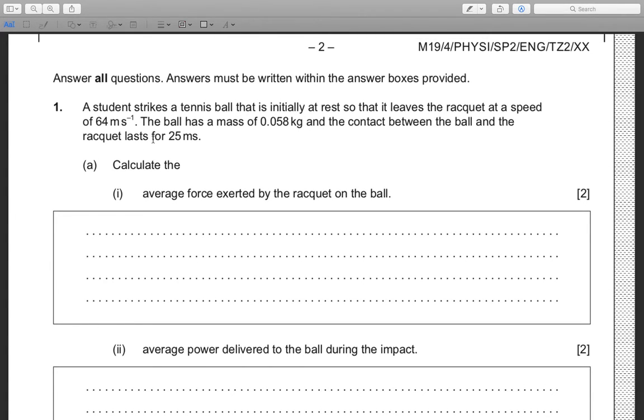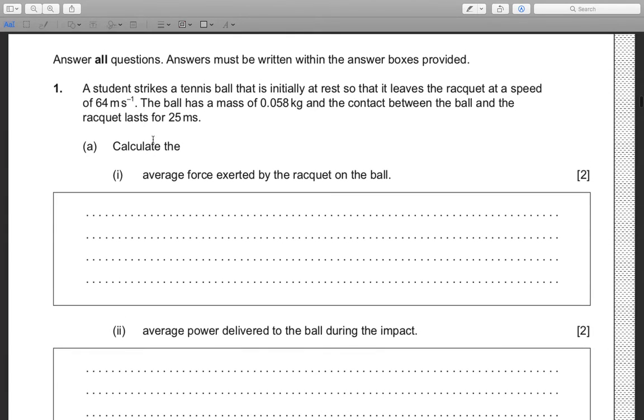The first question: a student strikes a tennis ball, initially at rest on the left side, at a speed of 64 meters per second.